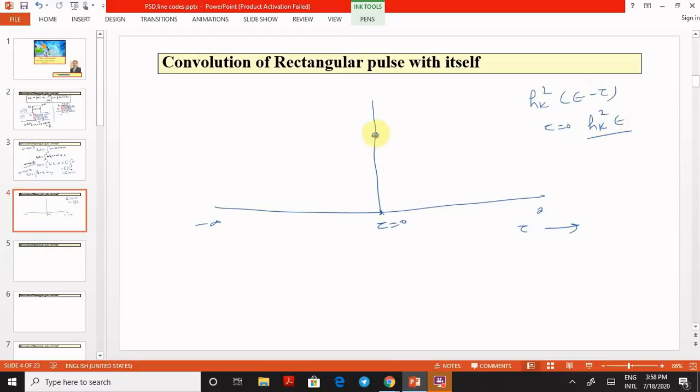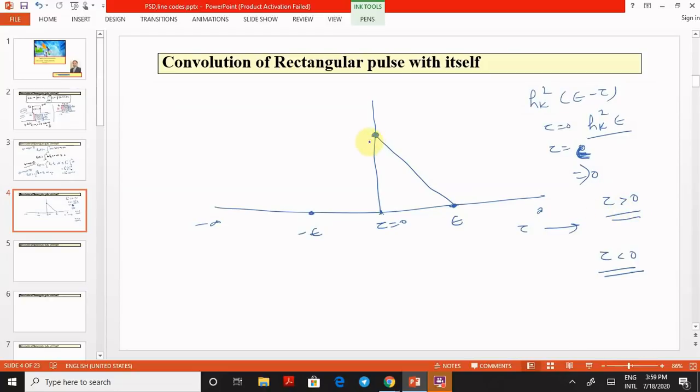And when tau is equal to epsilon, the value is equal to 0, right? So definitely we have to join these two points with a line like this, right? This is the representation of your autocorrelation function for tau greater than 0.